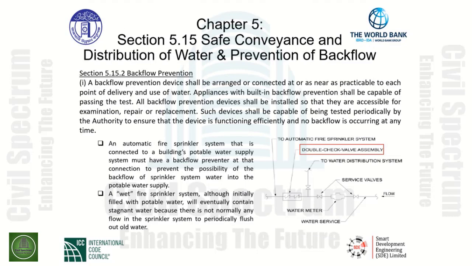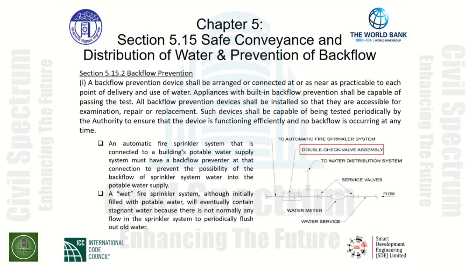When we have the need to provide backflow prevention, Item I gives us some specifics on how to do this. A backflow prevention device shall be arranged or connected at or as near as practical to each point of delivery and use of water. Appliances with built-in backflow prevention shall be capable of passing the test.